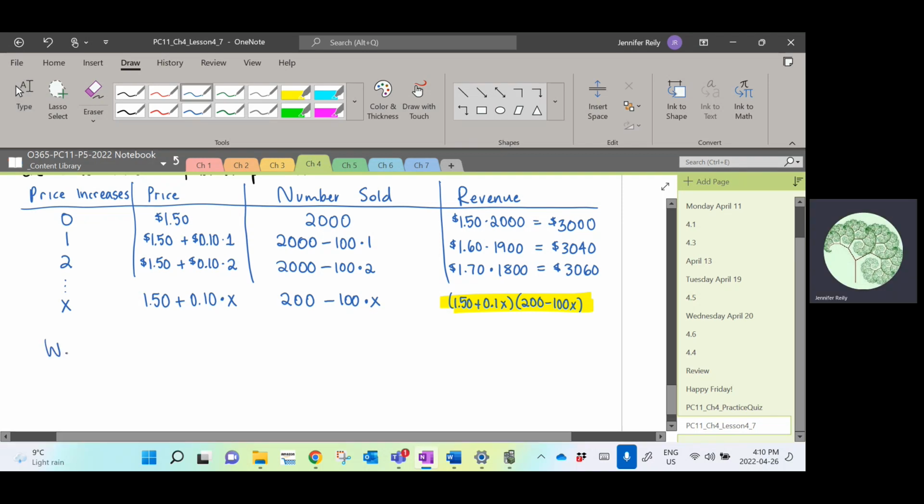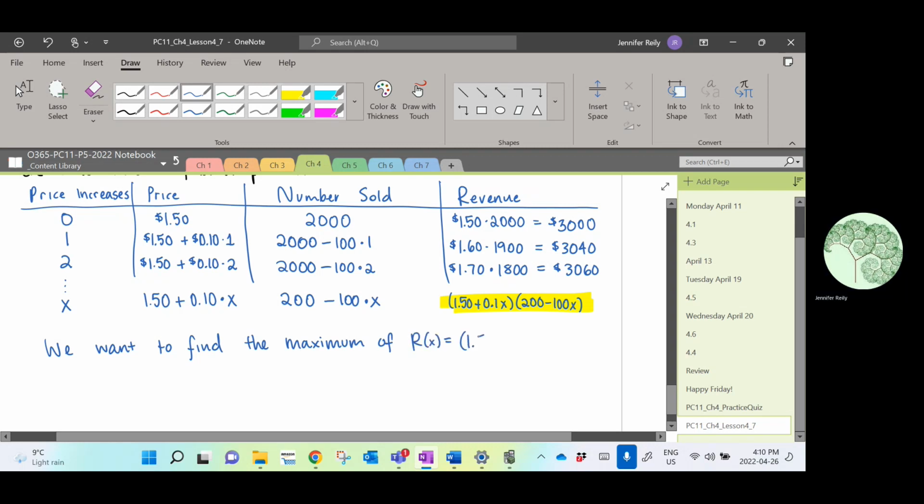So we want to find the maximum of R of X equals, so this is a revenue function here. It tells you X is the number of price increases, and the function will spit out what the revenue will be, depending on how many price increases you want to make.